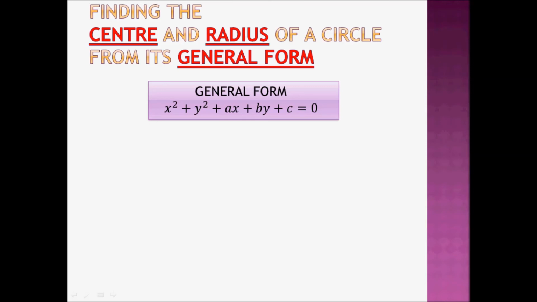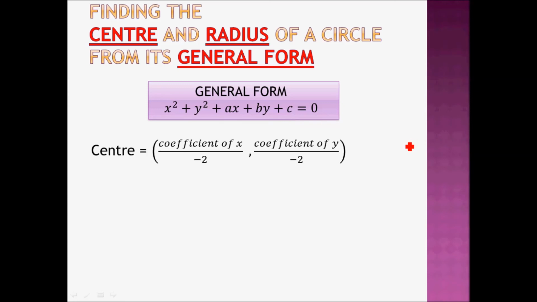So, next, how would you find the center and radius of a circle given its general form? Now, this is the general form of a circle equation. Take note that for x squared and y squared, their coefficients would be 1 and only 1. Next, the coefficient of the x term is a, the coefficient of the y term is b, and the constant term is known as c.